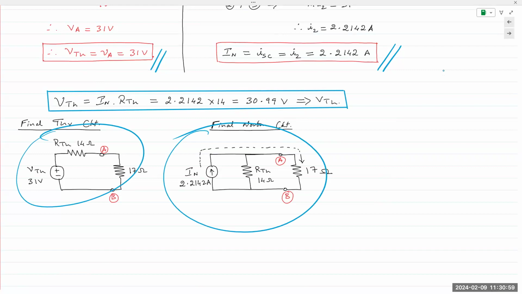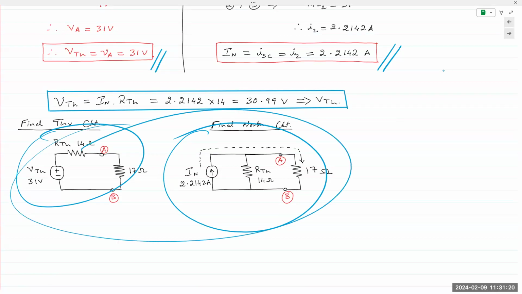Think back to the beginning. The entire premise of this topic is that we have a large network of circuits, a large network of resistors and multiple sources, and we can represent it as one single voltage source and one single current source. So every circuit that we analyze will end up as having this as the final step.